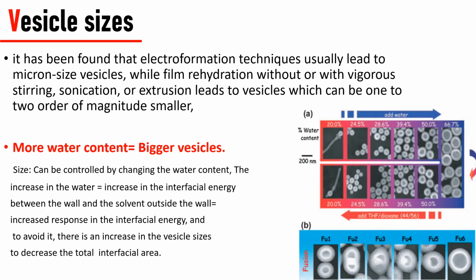For the control of the vesicle size, the percentage of water content is very important for two reasons. The first one, as a reminder, is that it shifts from spherical micelles, which are formed at the early stage, to rods, then to vesicles upon increase of the water content.